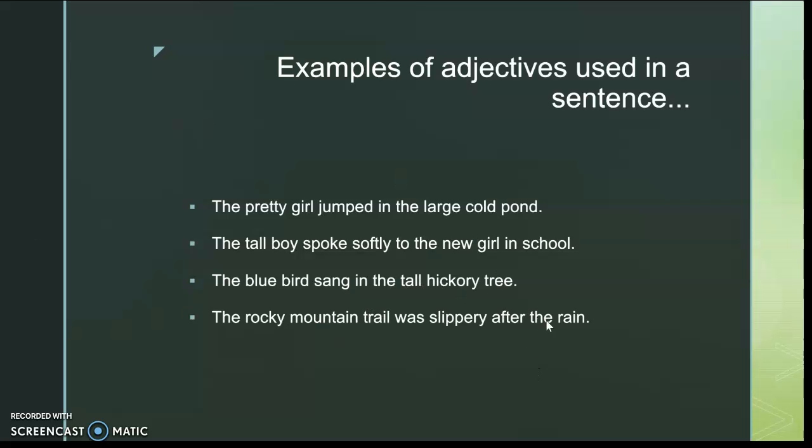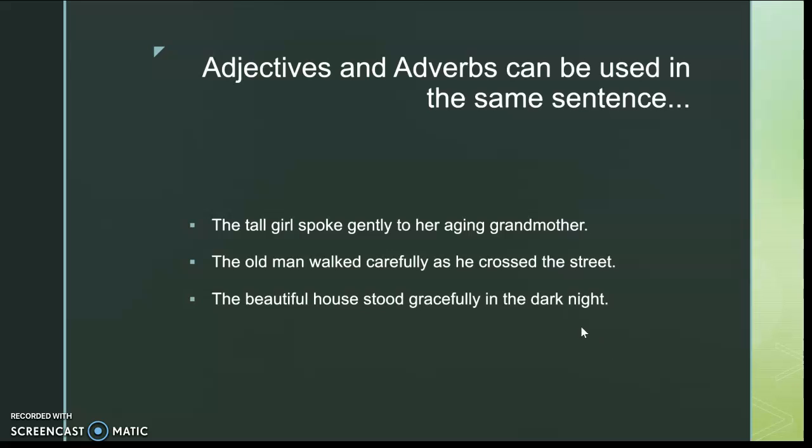Now we're going to spice things up a little bit, and we're going to talk about how they're used in the same sentence together. This makes it kind of fun because it changes our writing and it can help us be more creative and colorful in our writing. So here's an example. The tall girl spoke gently to her aging grandmother. Our girl is our subject.